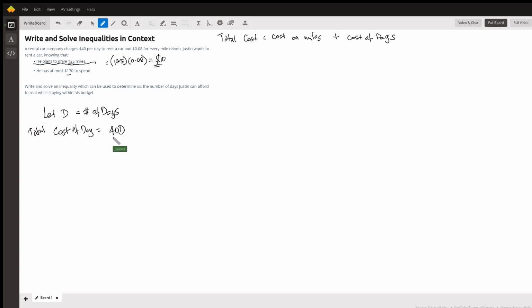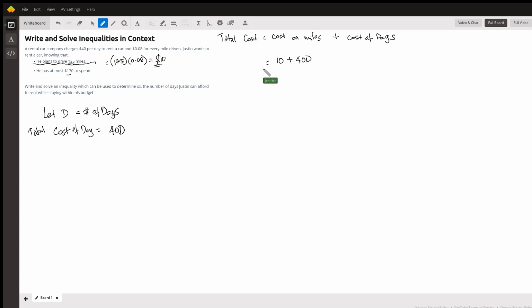If Justin drove 2 days, then it'll be 40 times 2, which is 80, which makes sense because it's $40 per day. We don't know how many days, so we represent it with D and multiply by 40. So your total cost here will be the cost per miles, which is 10, plus 40D.